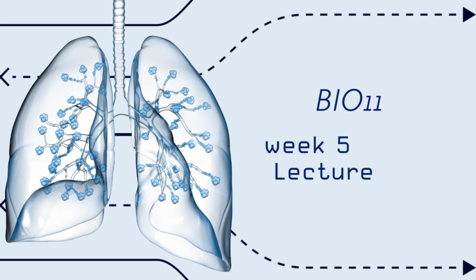We cannot separate the system into the upper and lower respiratory system, because at the top we have our nose and our pharynx through which we breathe in air, and then lower down we have our lungs.